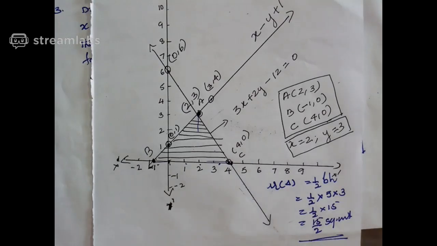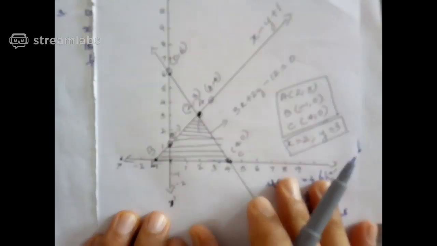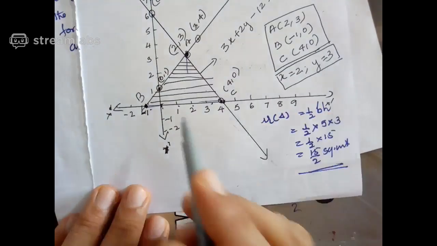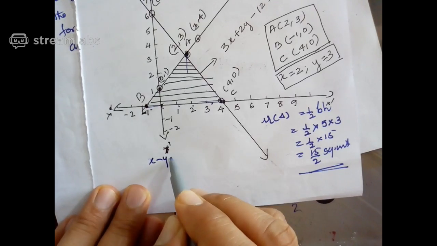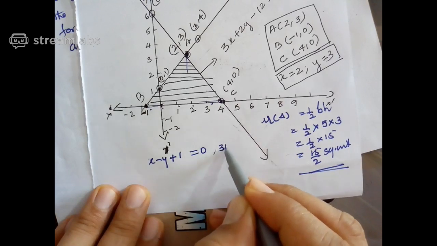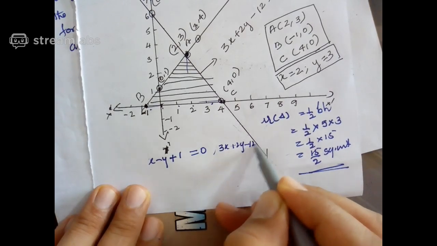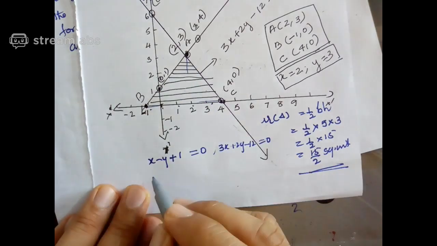Just let us check. This is the intersecting lines, correct? So what is the condition for intersecting lines? We'll check using this formula. The two equations are x minus y plus 1 is equal to 0 and 3x plus 2y minus 12 is equal to 0. What is the condition for intersecting lines?